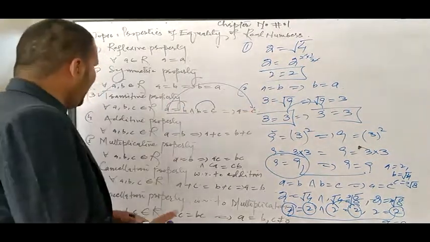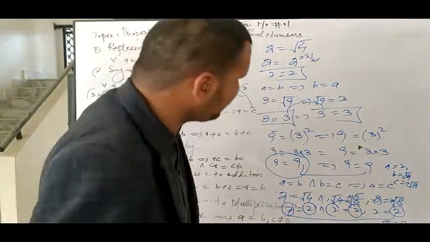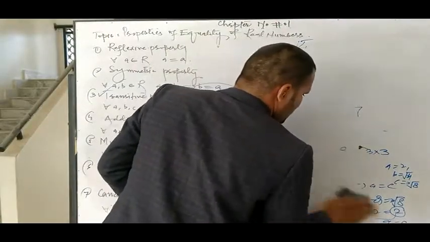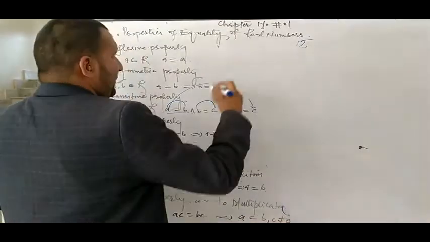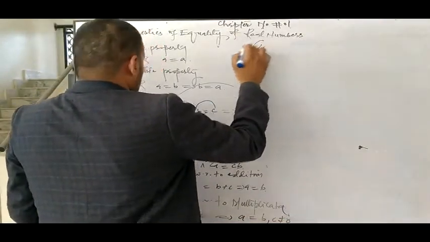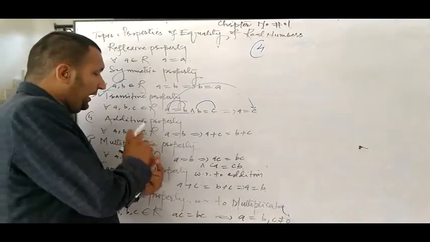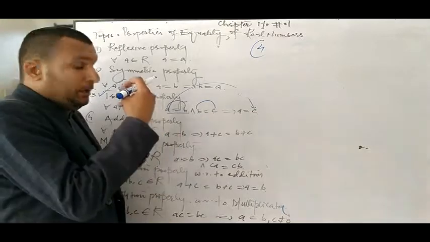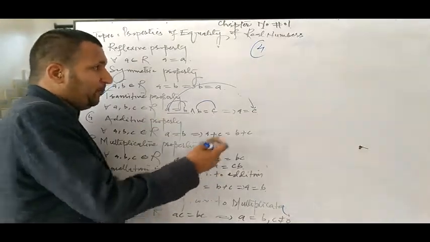And the fourth property is the additive property. Additive property means if we take any two values from real numbers, then we add the third value to both sides A and B, but the answer is the same.